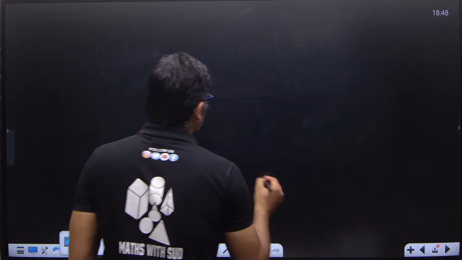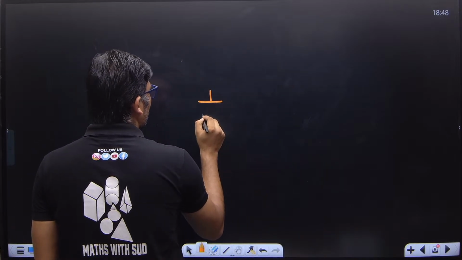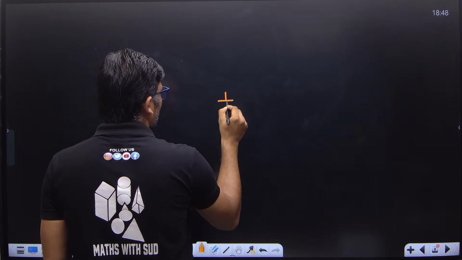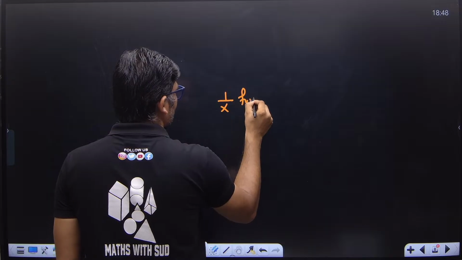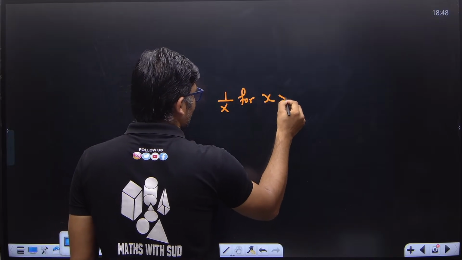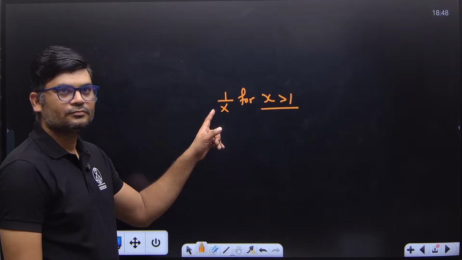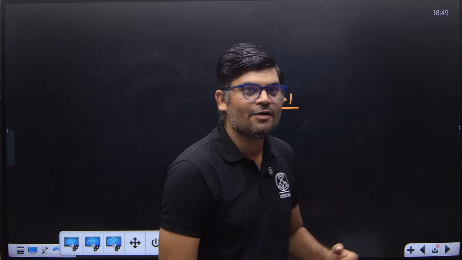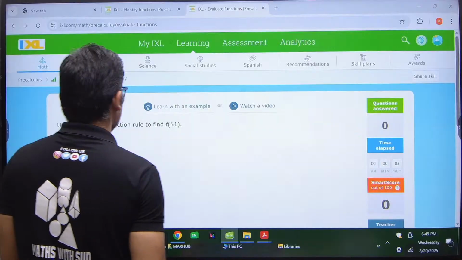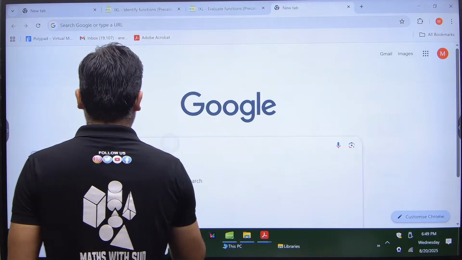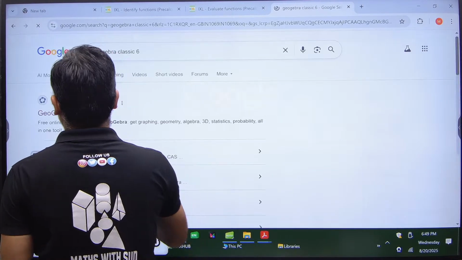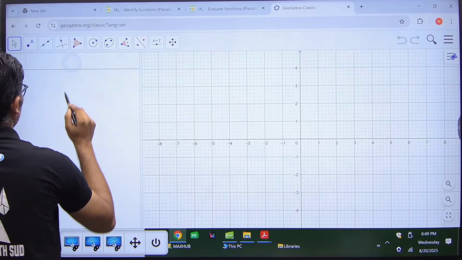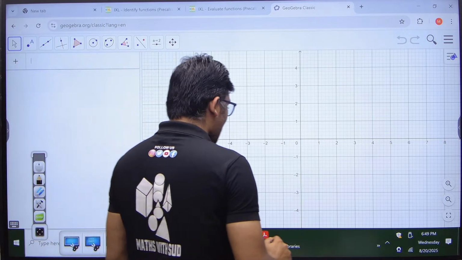Now if I say, what is the value of 1 upon x for x greater than 1? If I want to show you the graph of this, let me show you the graph of 1 upon x.